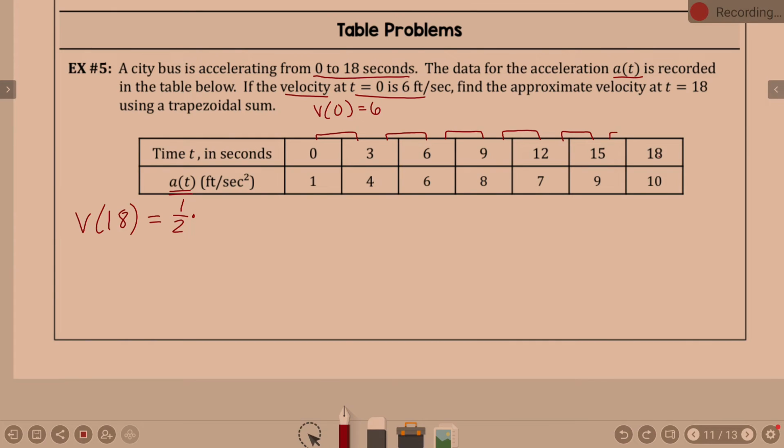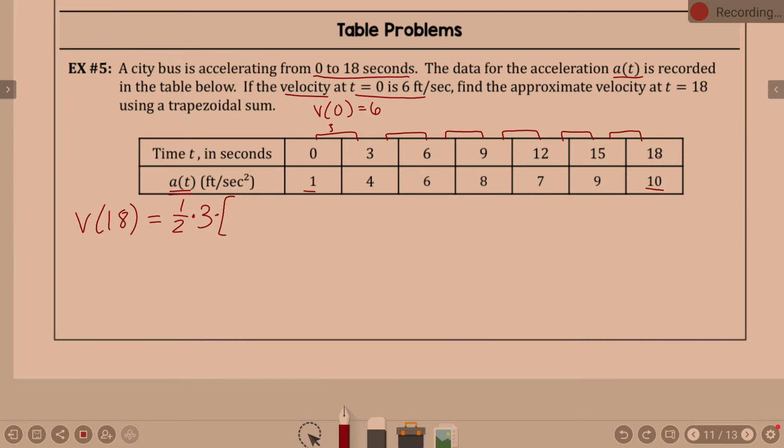Since my intervals are all 3 wide, then that's my height. Now, because my intervals are all the same, when we go to do base 1 plus base 2, this is where we can use that shortcut. We're going to use the first height and the last height once, and all the heights in between we're going to use twice. You remember me drawing the trapezoids out?